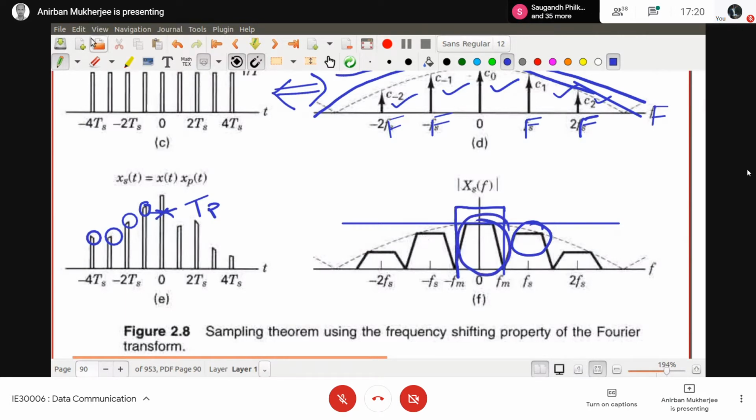Now the problem is that if I have fs greater than 2fm, then what will happen?